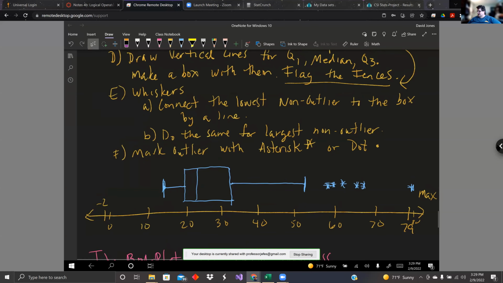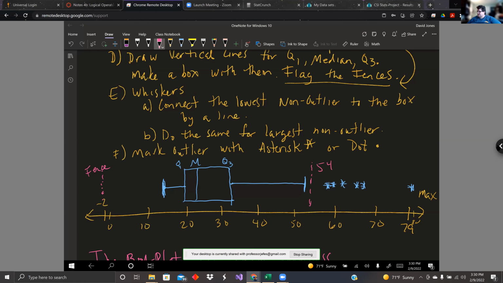You make vertical lines for Q1, median, and Q3. And then the left line there is the lowest non-outlier, which in this case happens to be the minimum because there's a fence over here, a fence over here, and a fence right here at 54.